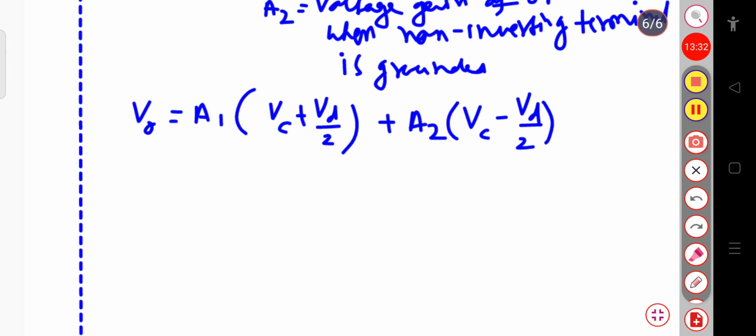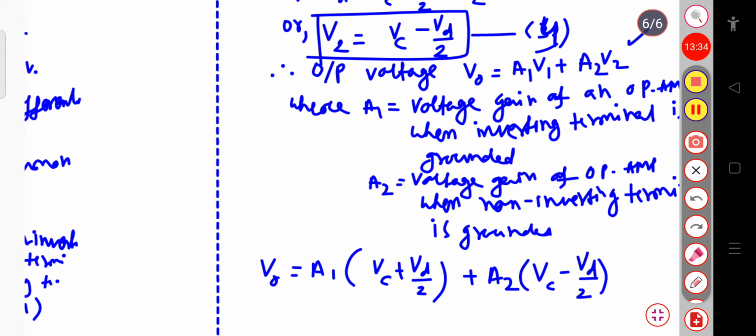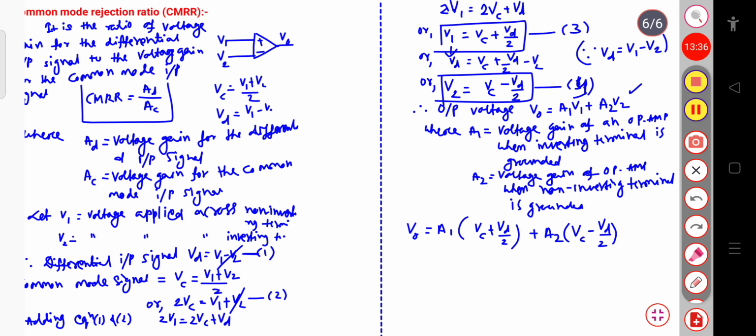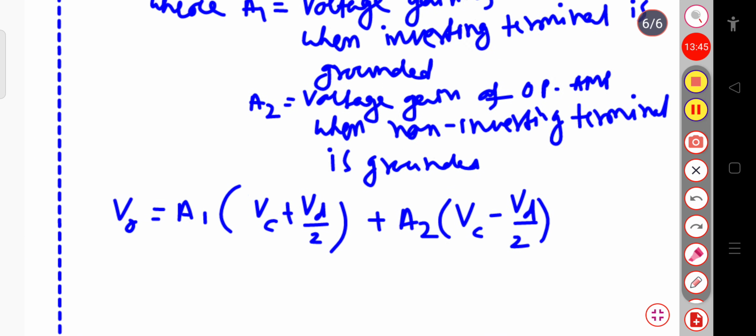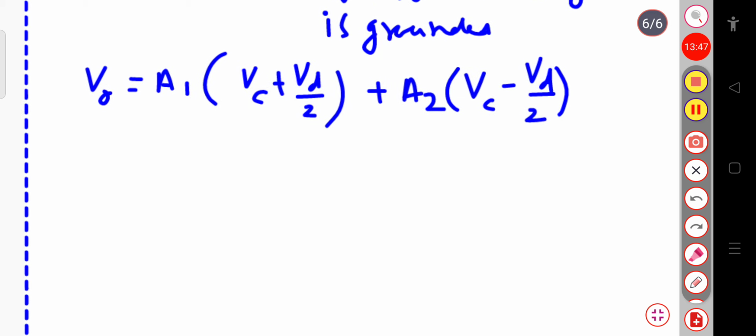So V1 equals VC plus VD by 2 and V2 equals VC minus VD by 2. Simply substituting equations 3 and 4 in the output expression, we get this.